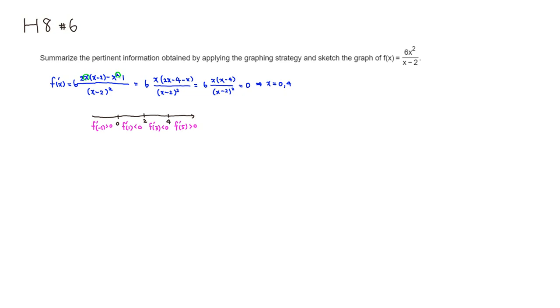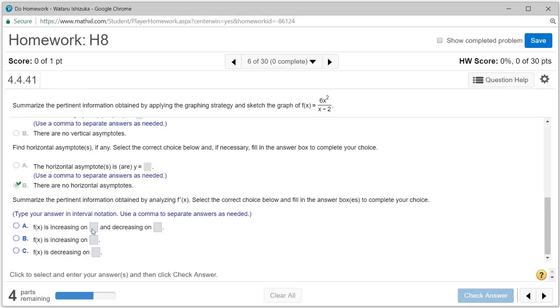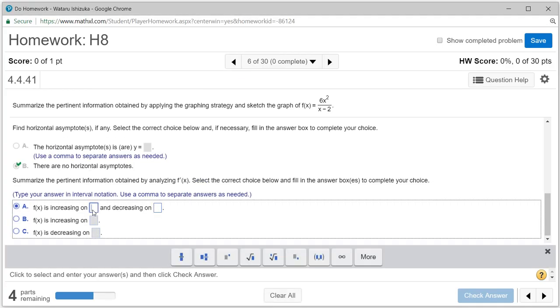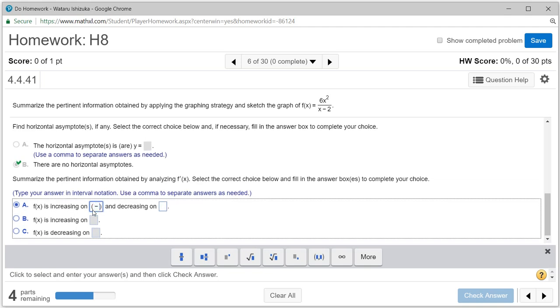So we know that the original function is increasing on this interval, decreasing here, still decreasing, and then increasing. So increasing before 0 and after 4: negative infinity to 0, and 4 to infinity.